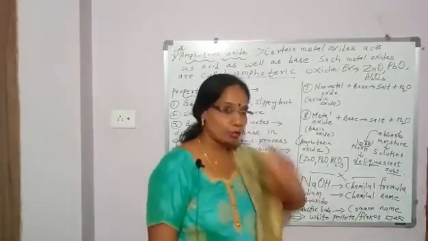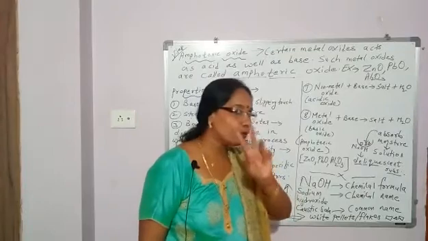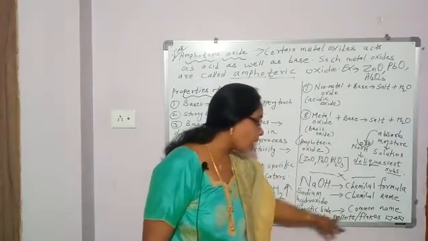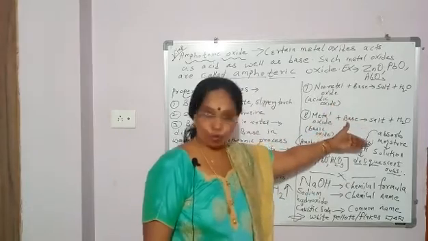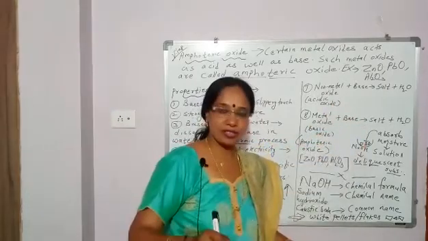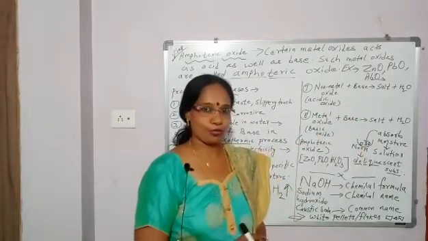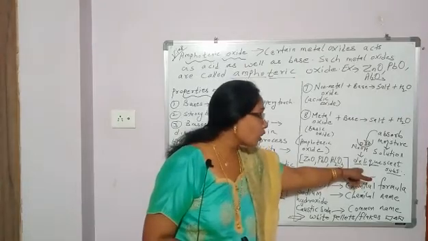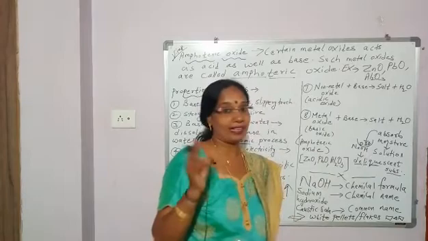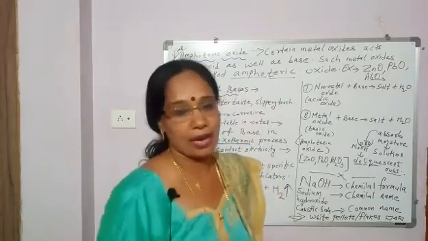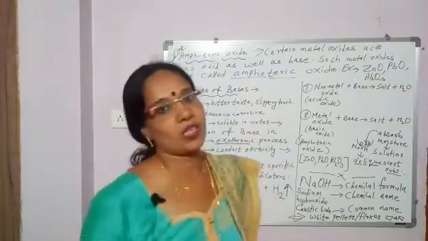Okay. So, two things about sodium hydroxide I have told you. In which form is it present? White pellets or flakes. And when exposed to air, it absorbs moisture and changes into solution. So what is that called? Deliquescent substance. So if an example of deliquescent substance is asked, you can give the example of sodium hydroxide.